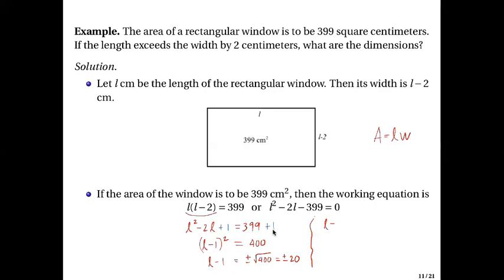Therefore, L equals plus or minus 20. And then we put this on the other side, you will have plus 1. So L will be, for the plus, 20 plus 1, that's 21. And for the minus, we have minus 20 plus 1, that's minus 19.